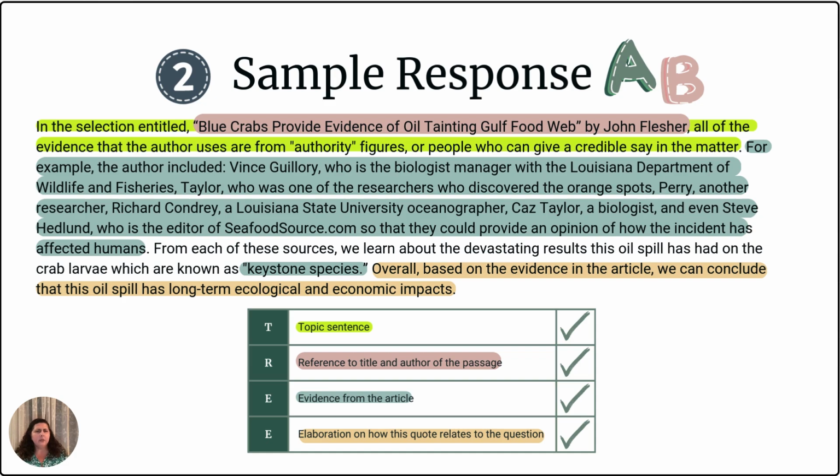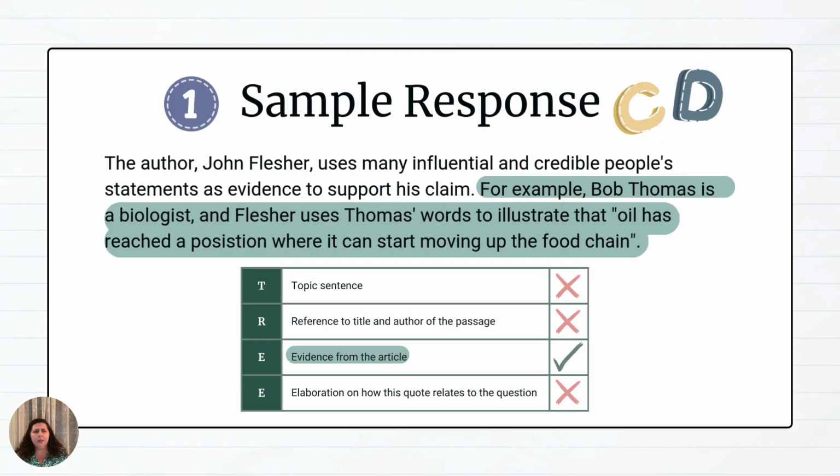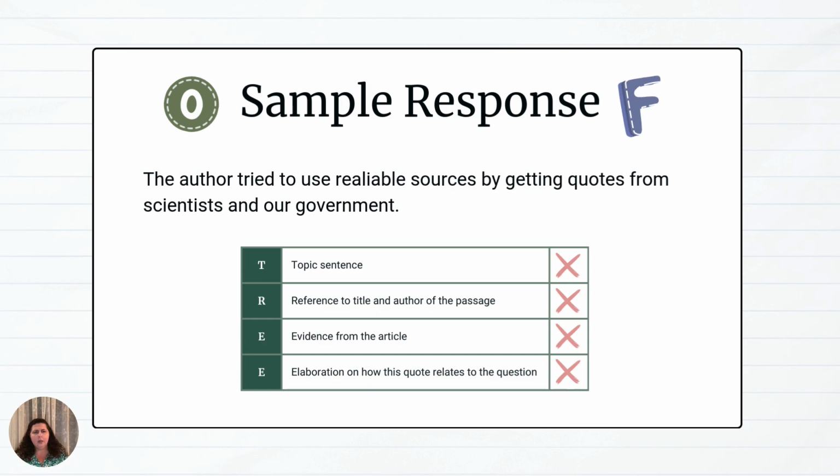See the slight difference just by simply adding the title and building just a little bit of explanation to communicate to the teacher. What does credible actually mean? How are these people voices of authority versus simply saying they're credible, or the F paper that just said the author tried to use reliable sources?